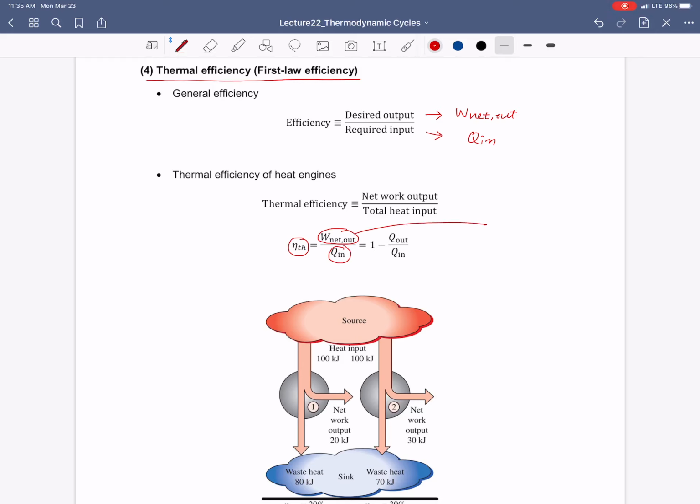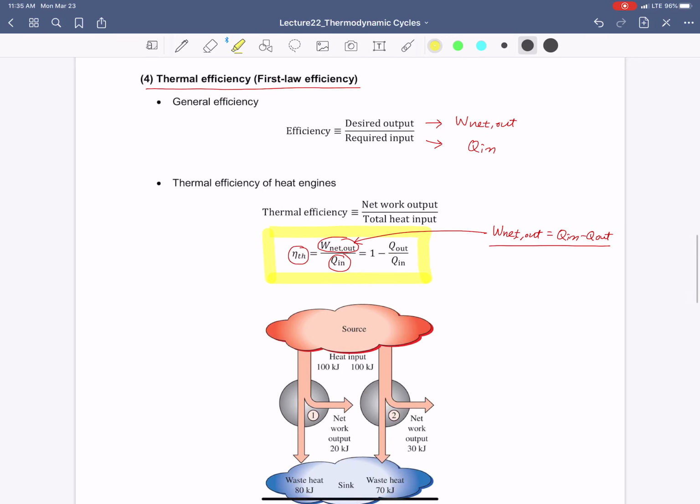And from the previous page, we know that net work out is the same as Q in minus Q out. Okay? So by inserting this equation into that equation, now we have 1 minus Q out over Q in. That is the general equation of the thermal efficiency for heat engines. Let me highlight it again as the second essential, very important equation about thermodynamic cycle analysis.